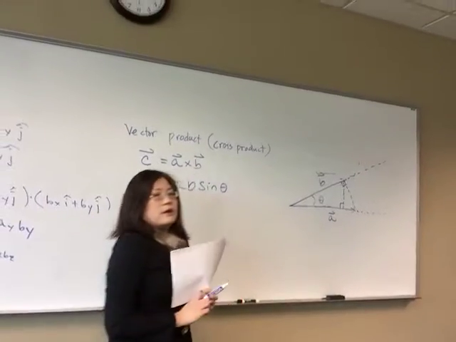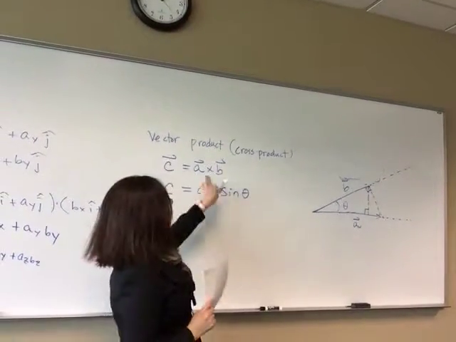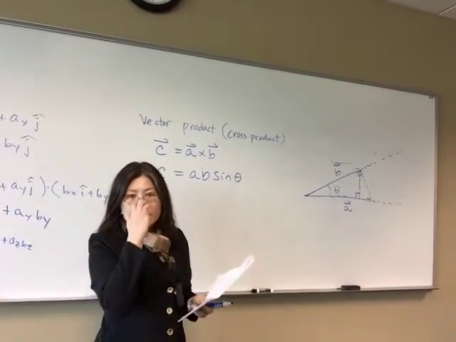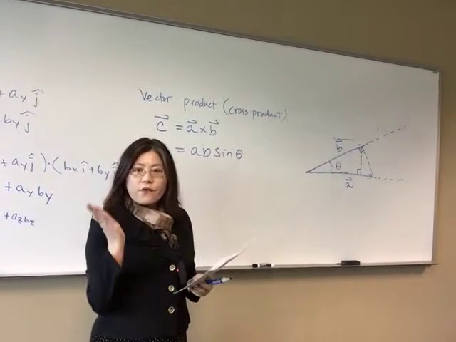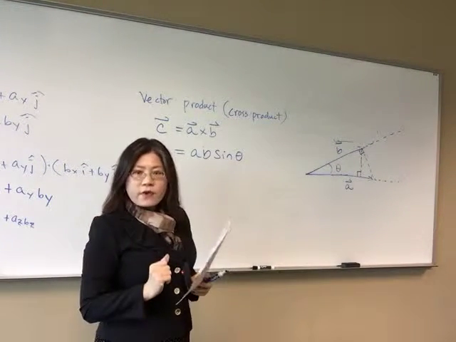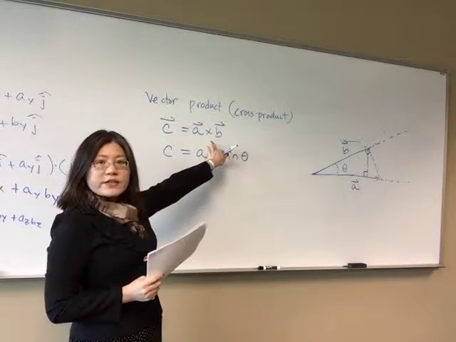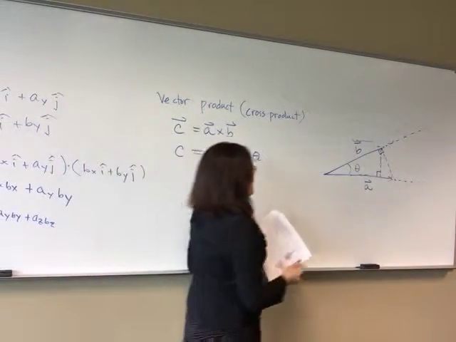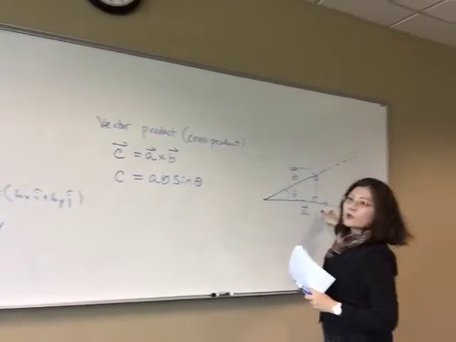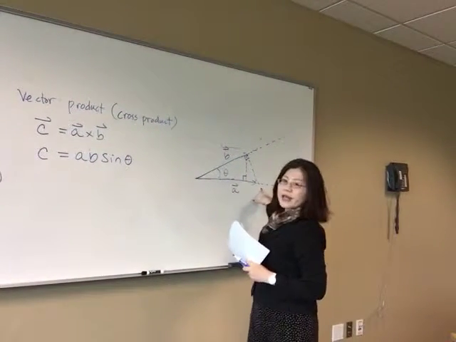So how do we do a vector product? This is how you do it. A is the first vector. So you want to point your fingers in the direction of the first vector, and then sweep your fingers toward the direction of the second vector. Take for example, this is your A. It's pointing right, in the opposite x-axis direction.